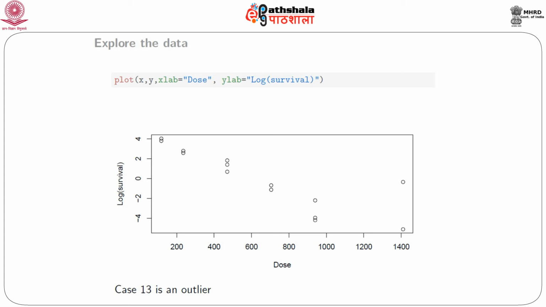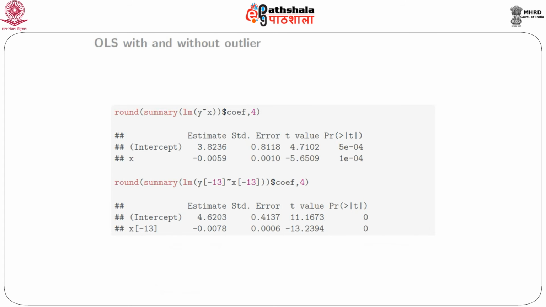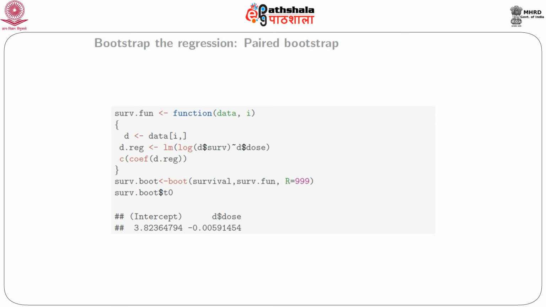Now, if you see the scatter plot, case 13 is a clear outlier, having the x value 1410. The least square estimate of the slope is minus 0.0059 using the entire data, while the least square estimate for the slope when we run the same procedure excluding the 13th case comes out to be minus 0.0078.